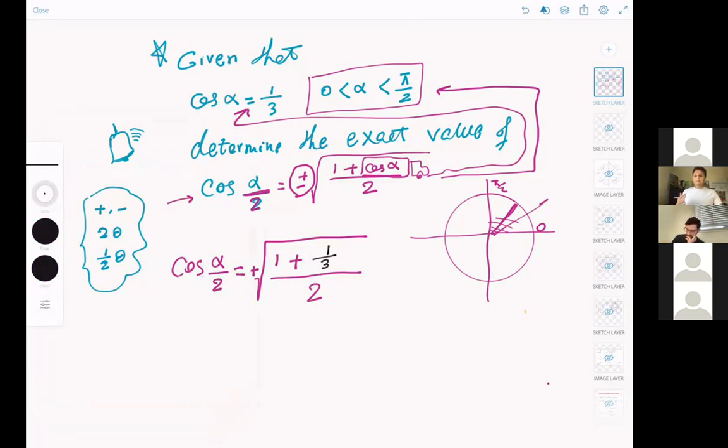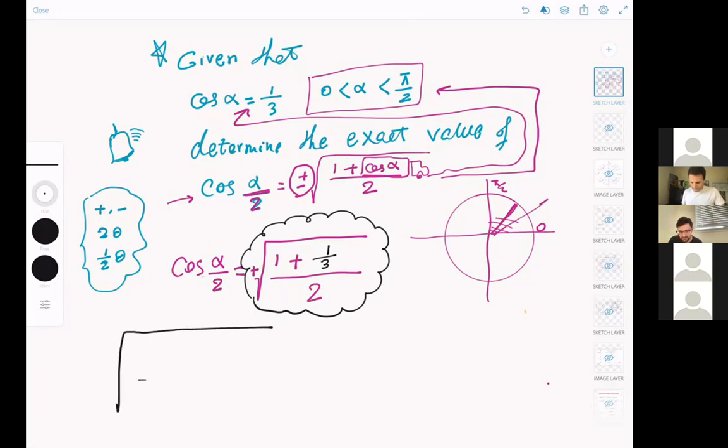Now the challenging part for you guys, I feel, definitely this is not possible to plug into the calculator to give you the exact answer. You need to be able to do the algebra. So we have a radical, then there's a fraction here.